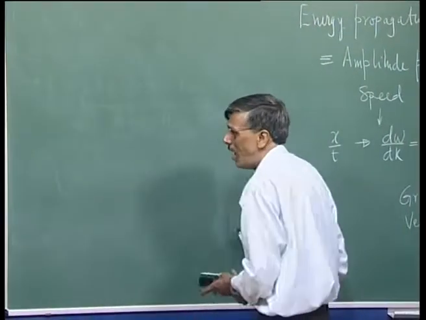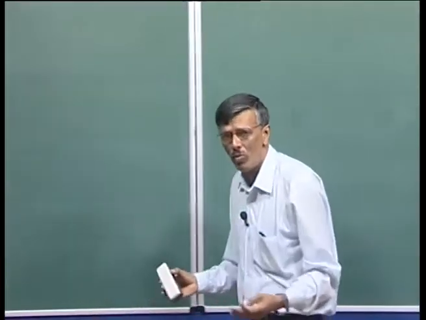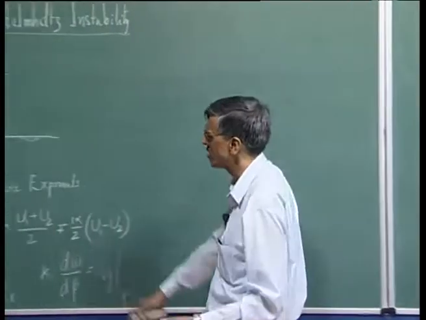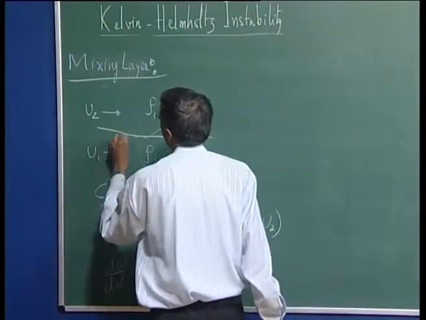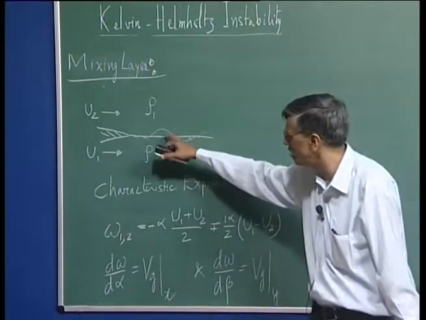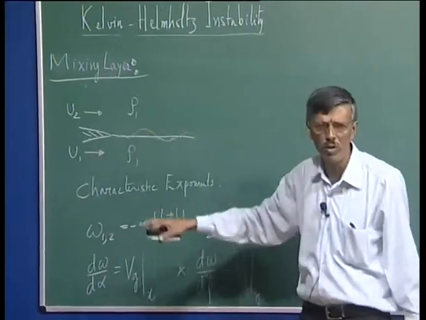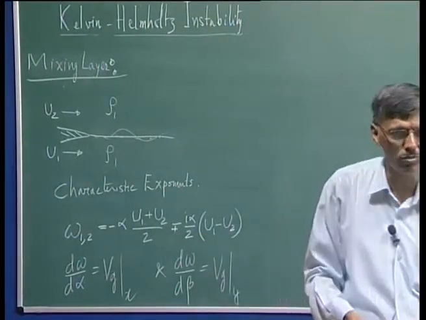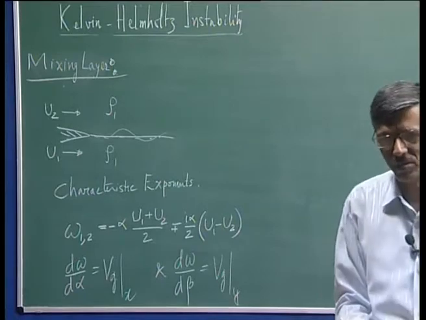So now let's look at the problem where people started looking at a different idea altogether. Now the idea is what happens in a real flow, unlike what we suggested, that this could be the trailing edge of an aerofoil and we could get this. You still realize that it would not be uniform flow above and below. It will have some kind of a distribution in the normal direction, right?